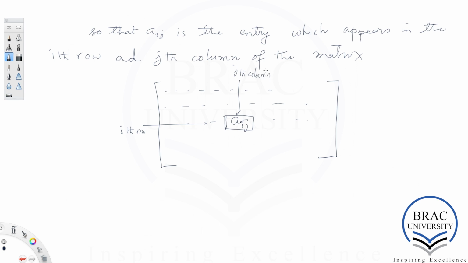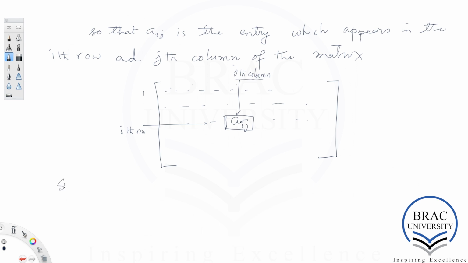So from 1, 2, 3 all the way up to the jth column you go, and 1, 2, 3 all the way up to the ith row you go, and the intersection of the ith row and jth column will give you the position of the entry Aij.